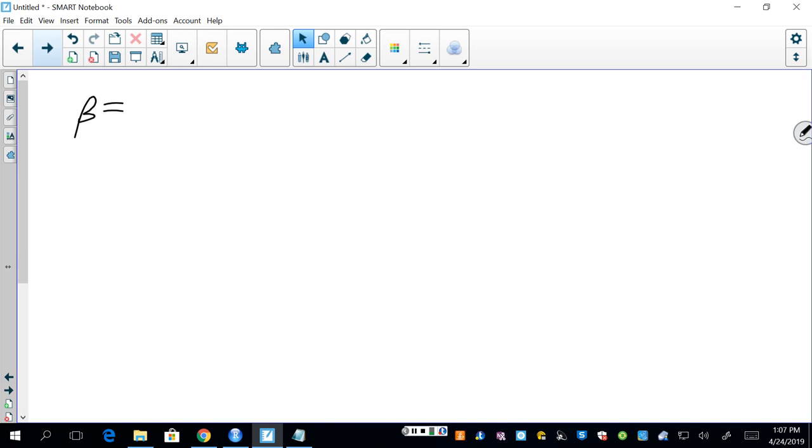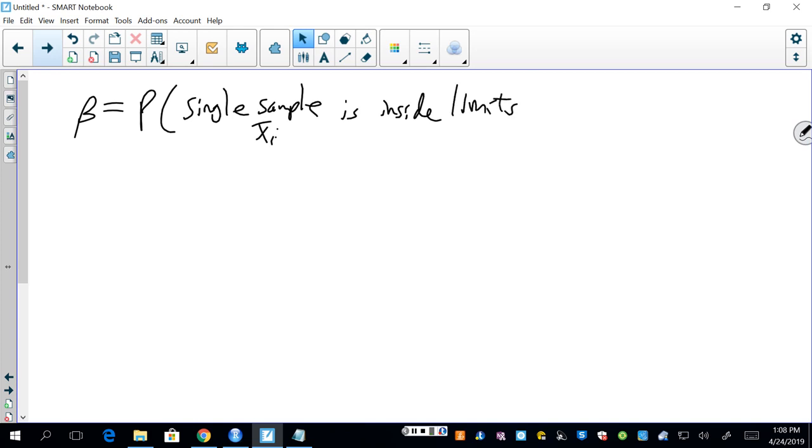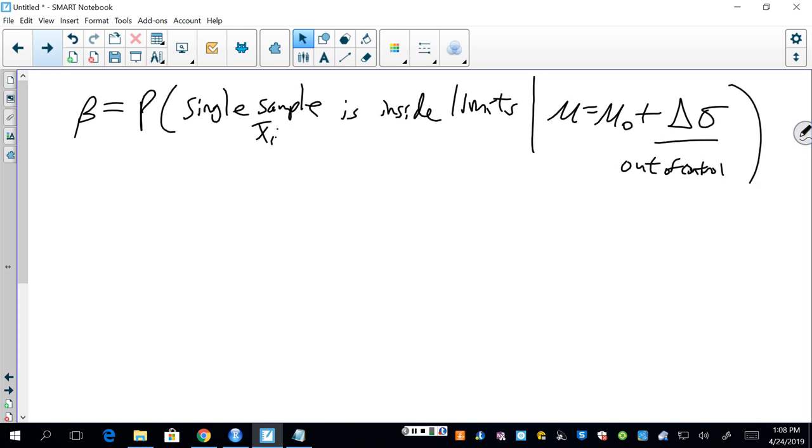The other type of error, like in hypothesis testing, is called beta. It is the probability that a single sample x bar i is inside the limits, given that the average is mu0 plus some deviation, out of control by some certain amount.